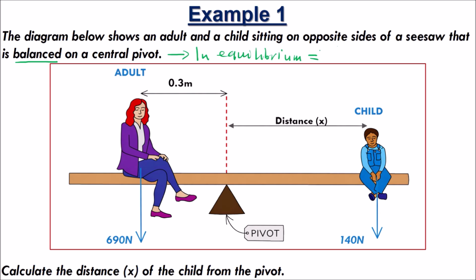Therefore, the sum of clockwise moments is equal to the sum of anticlockwise moments. This term balanced is the key permit to using the principle of moments. The principle of moments says when an object is in equilibrium, and they have said it's balanced. In other words, they are saying it's in equilibrium.